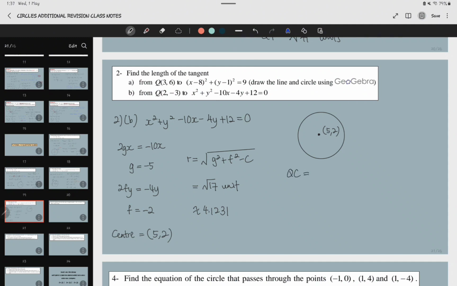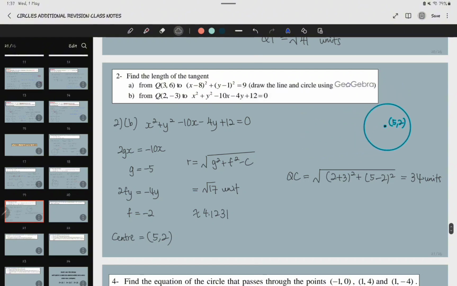QC squared is 2 plus 3 squared plus 5 minus 2 squared, which is 34. Obviously 34 is more than 4.1231, so that point Q will lie outside your circle. So let's say approximately here is Q, which is your 2, negative 3.